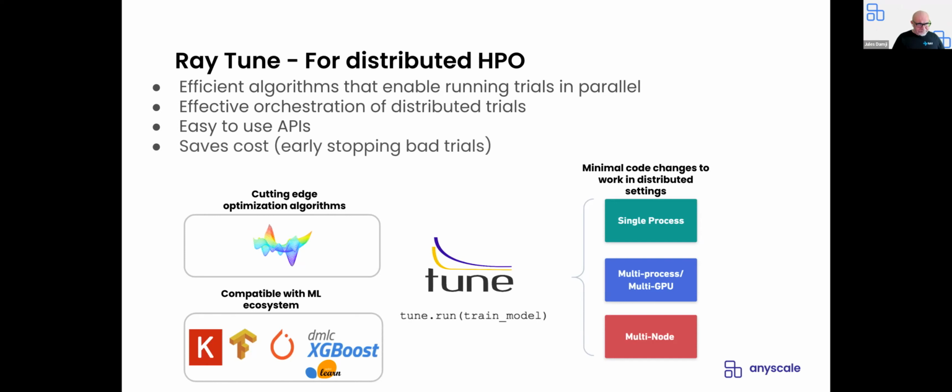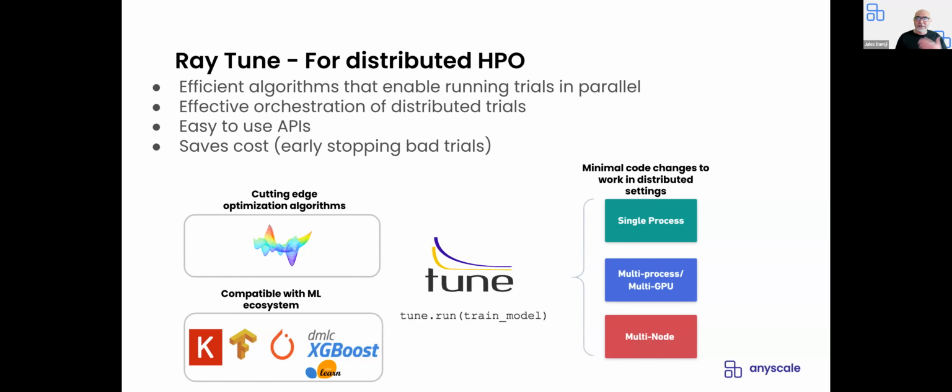It also saves a lot of time, because when you're doing tuning, you want to take care of the bad trials, because you don't want bad trials taking up your CPU time, since the result of the trial is going to be bad. So one way to do that is to save the cost by early stopping the trials.